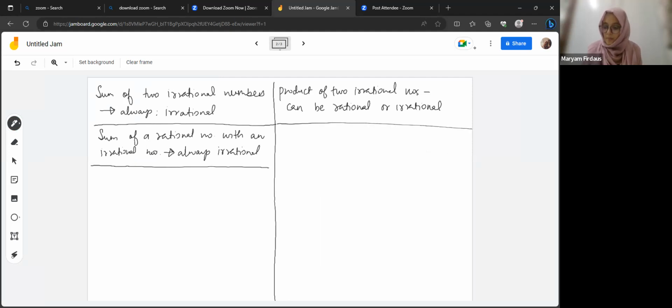Now, product of a rational number with an irrational number. Think about it. Again, always an irrational number.